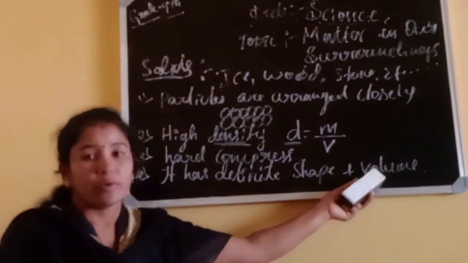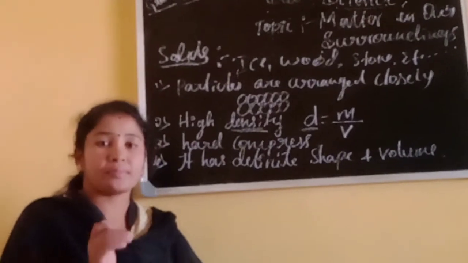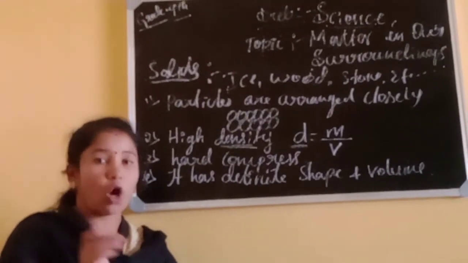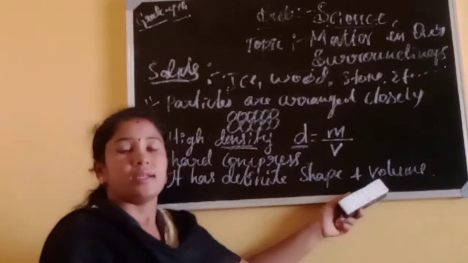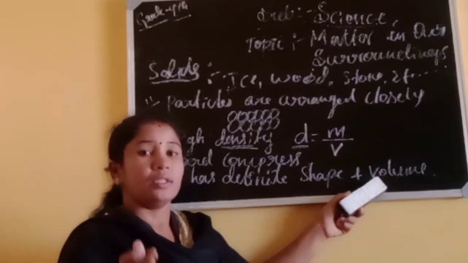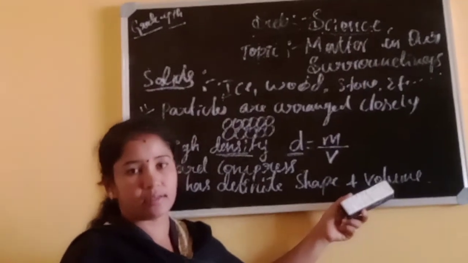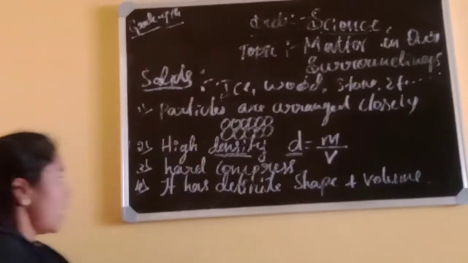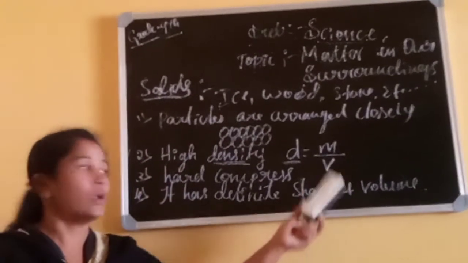But volume, do you know the meaning of volume? Volume is nothing but the amount of space required for that object. That may be described as the size, height, width of that object. Each and every solid object has definite shape and volume.